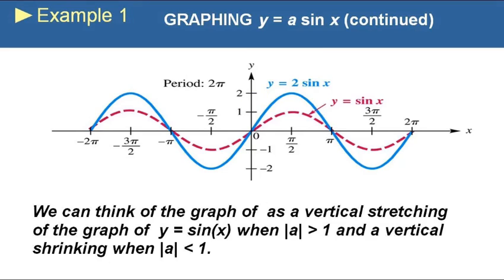If the a values were less than 1, let's say something like 0.5, then what would happen is the graph would shrink. So the a coefficient produces a vertical stretch or a vertical shrink.